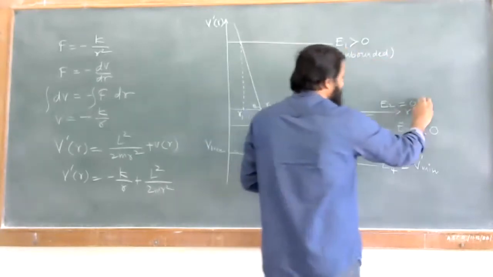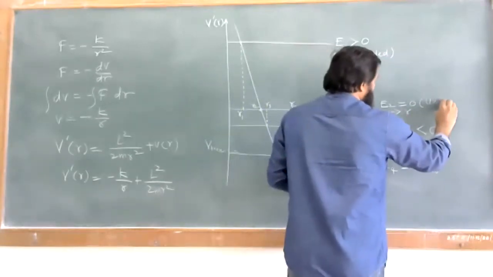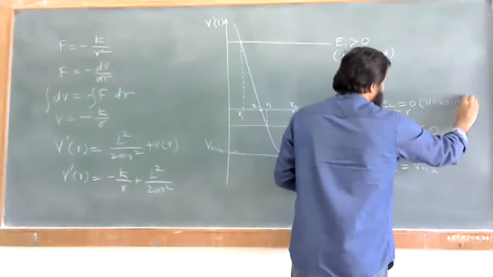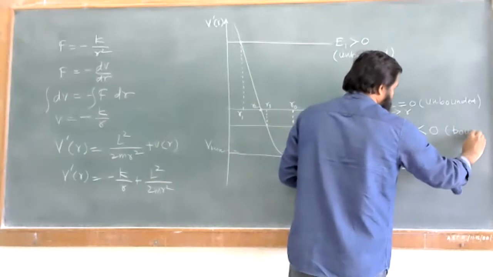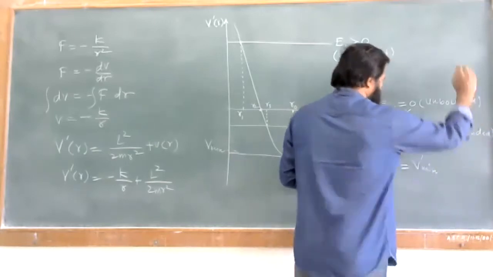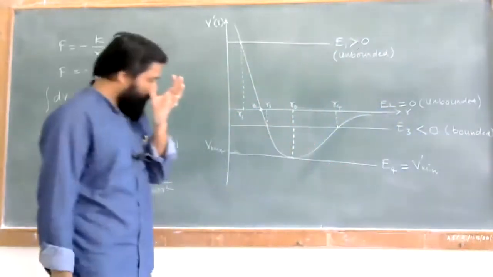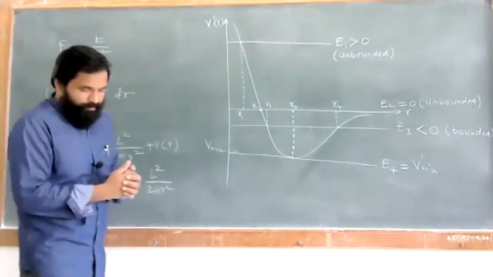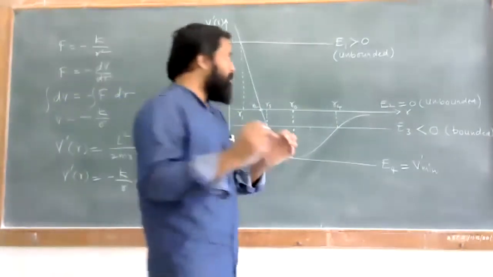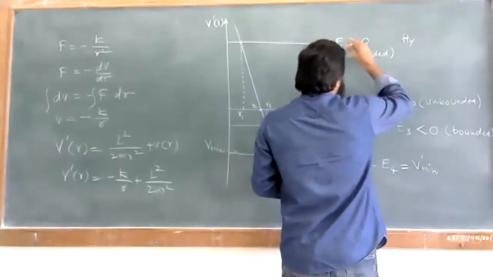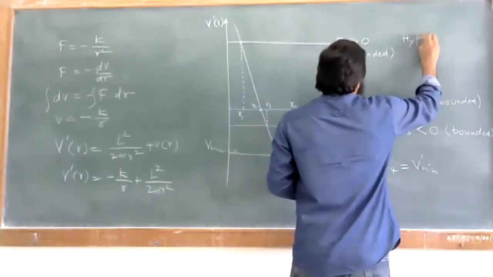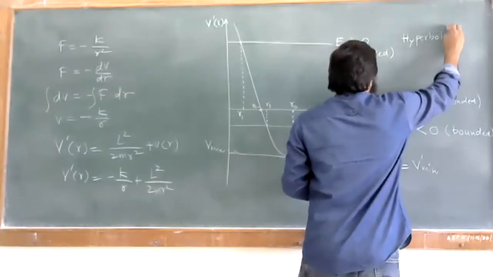Okay, similarly we can have this case. This is also an unbounded motion. Okay, this is nothing but a bounded motion. Now, then what should be your points? The point is here, the first condition, that is E1 is greater than 0, it represents a hyperbola.